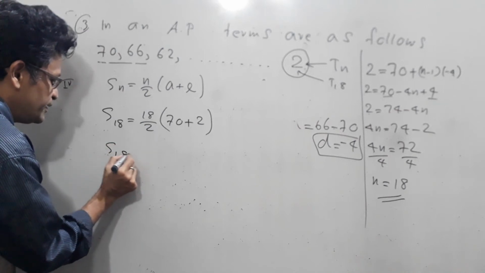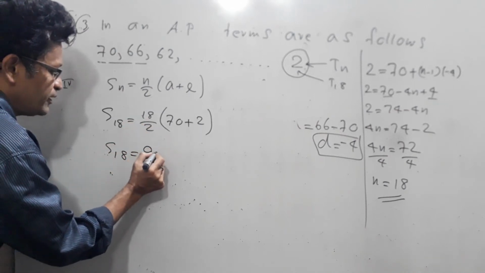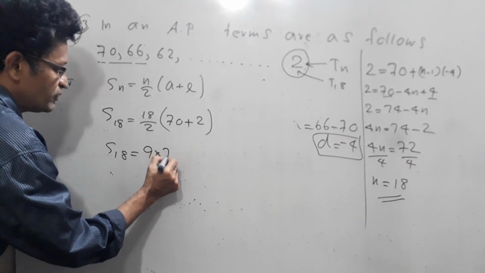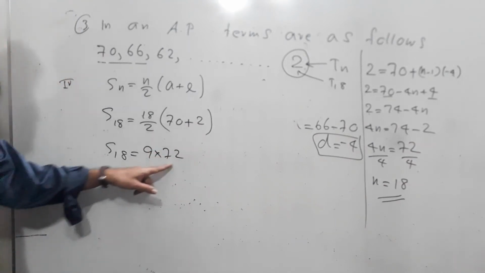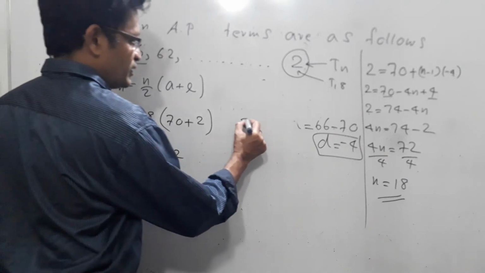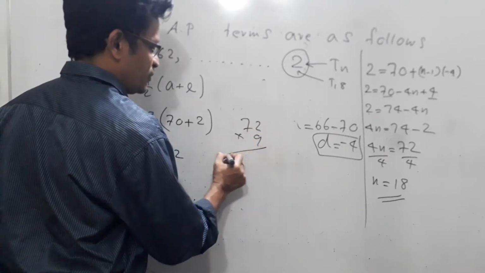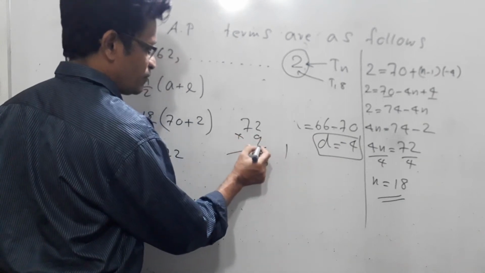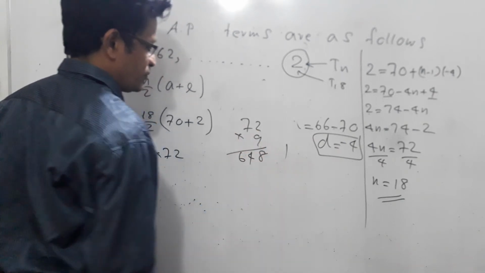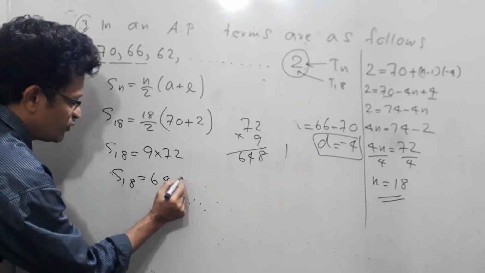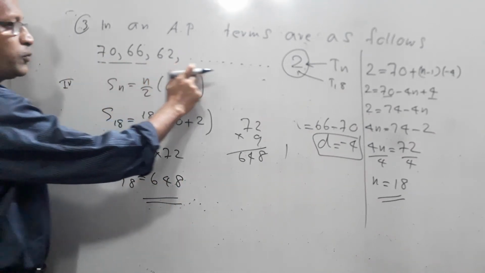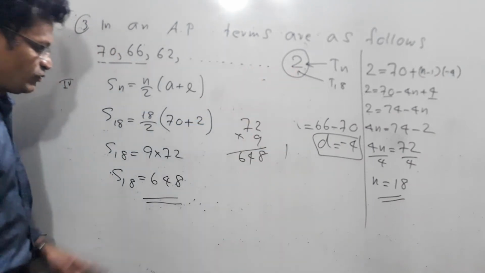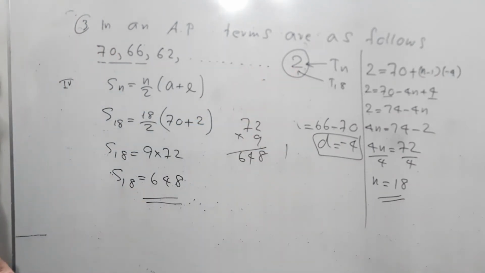Then S18 equal 18 divided by 2 is what? 9 into 70 plus 2 is 72. So S18 equal 9 and 72 you have to multiply. 72 multiplied by 9 is 648. So if you add all these terms up to the last term 2, the value is what? 648. Clear?